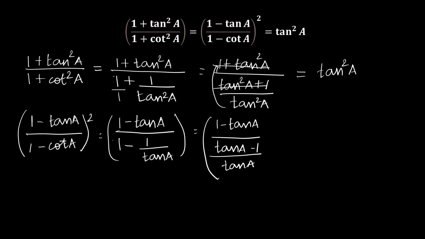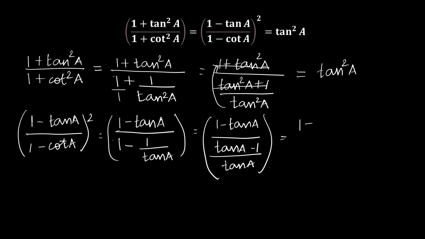So this tan A − 1 we have to change to 1 − tan A. In the numerator 1 is plus and in the denominator 1 is minus; in the numerator tan A is minus and in the denominator tan A is plus, so we have to change the sign.